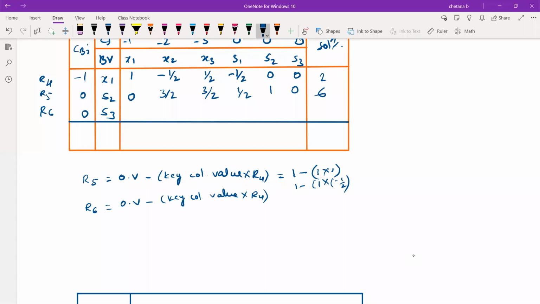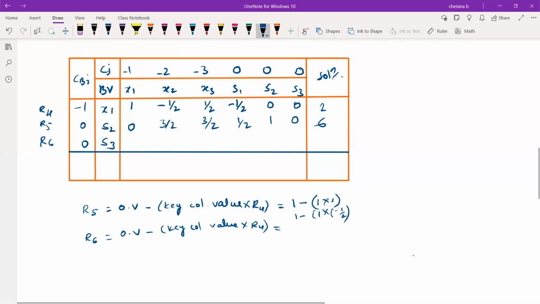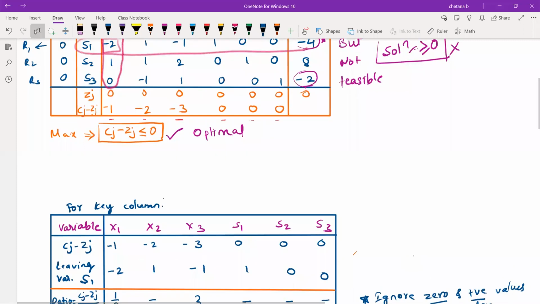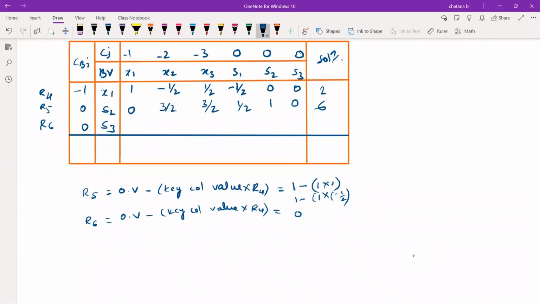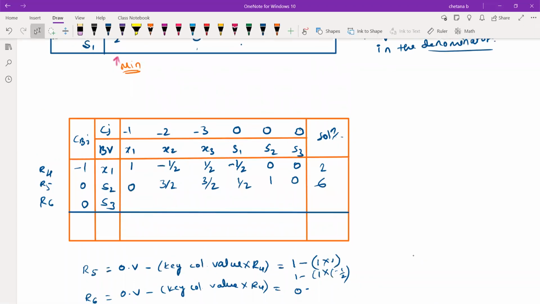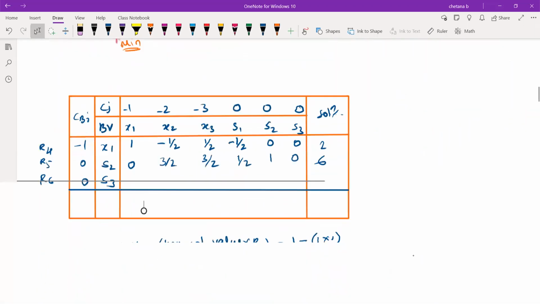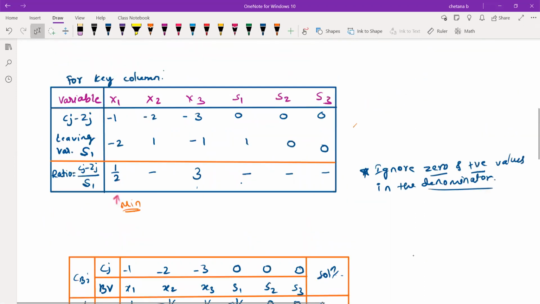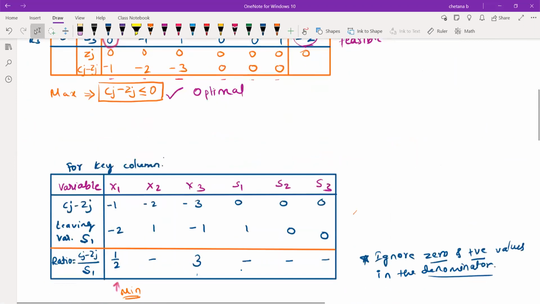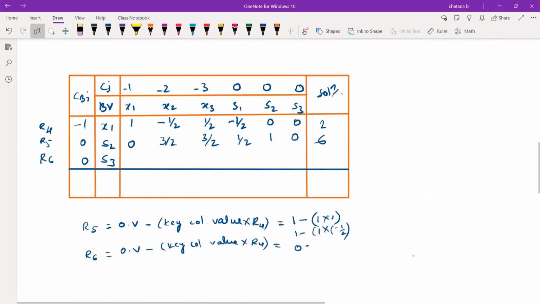So for this again, old value is 0 minus key column value 0 into R4.